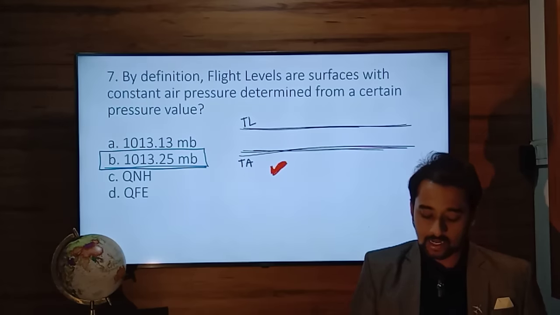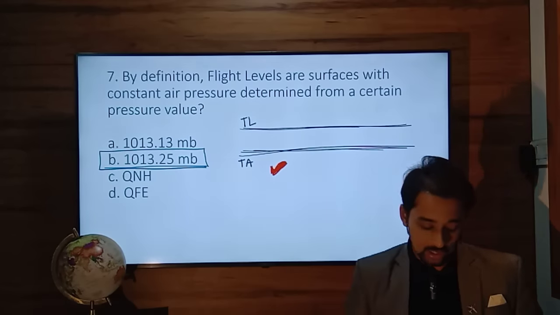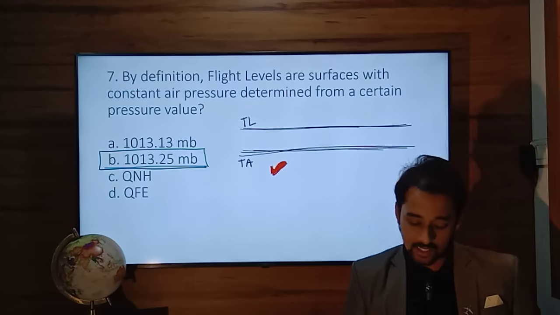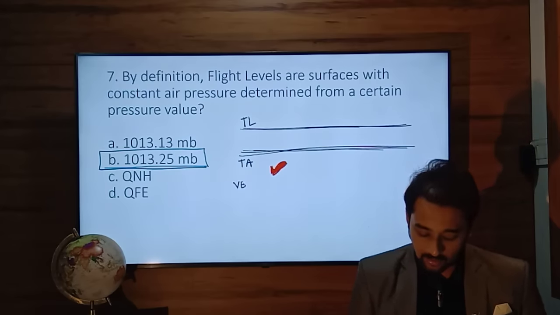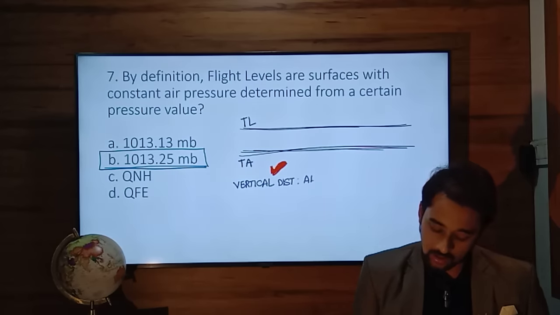and as long as it is at or below transition altitude, all its vertical distances will be reported in terms of altitudes.